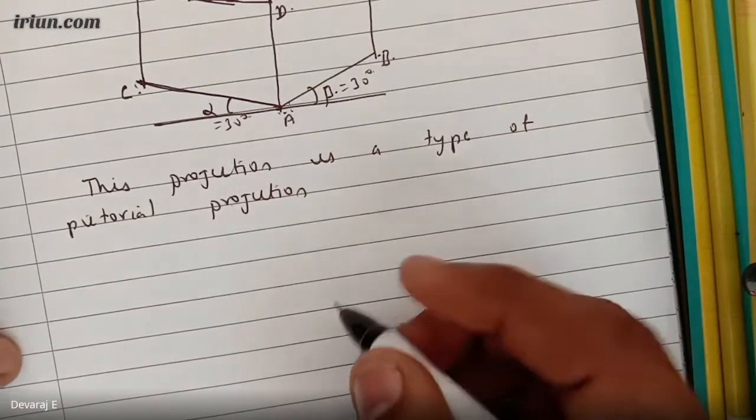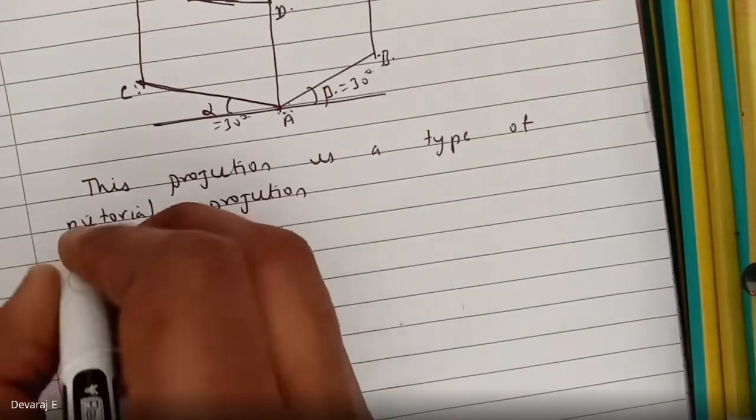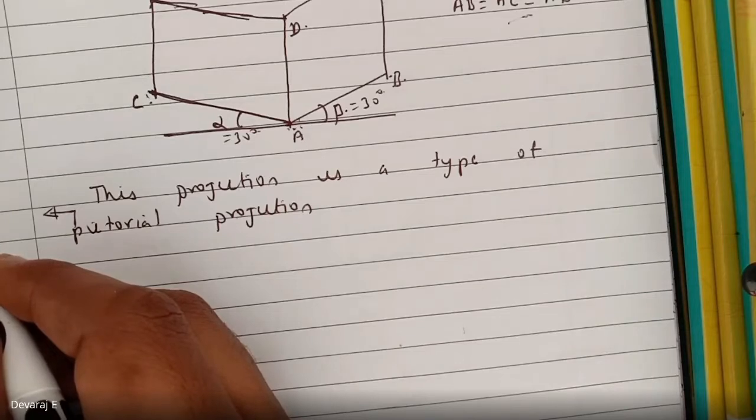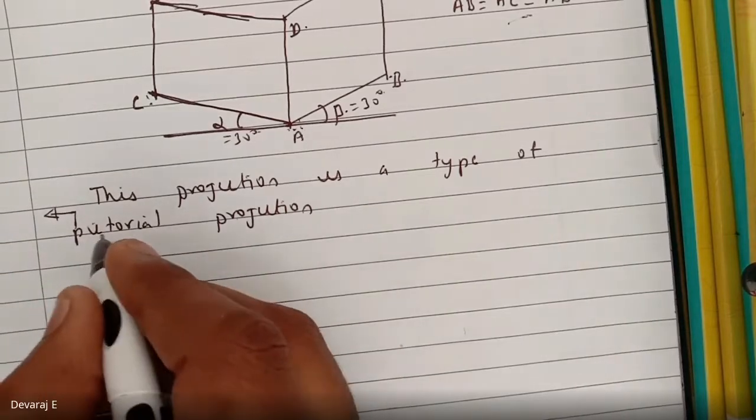See, pictorial indicates here. What is the meaning of pictorial? Can anyone tell me? Representation of a picture. Okay, and the main thing here is pictorial represents 2D.